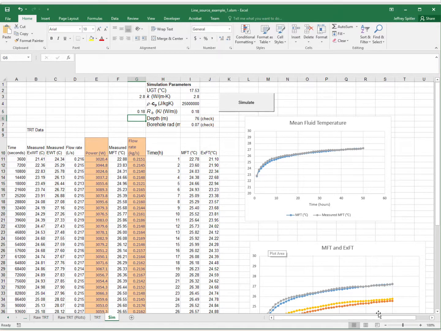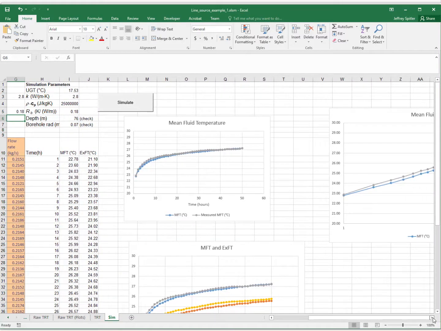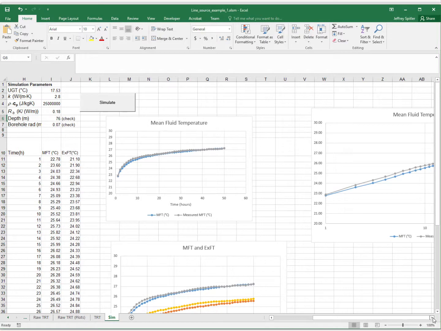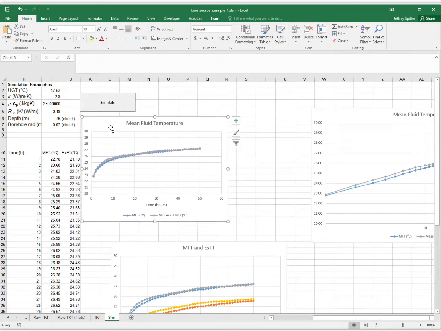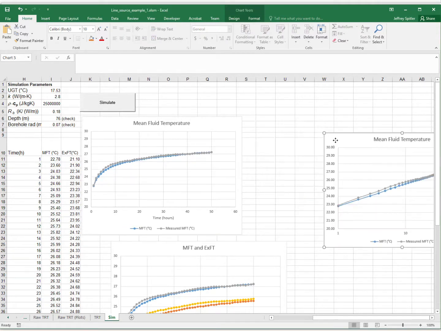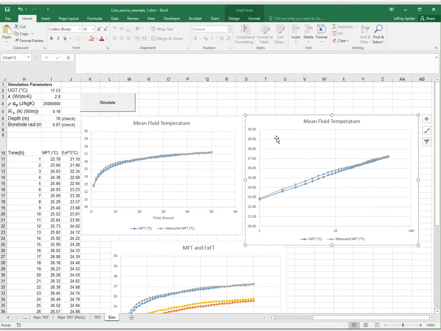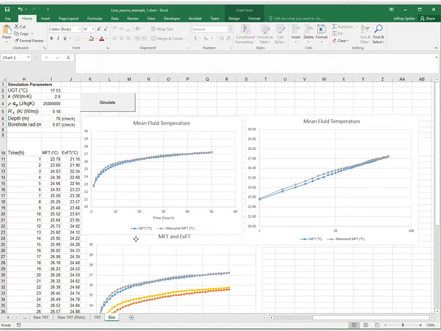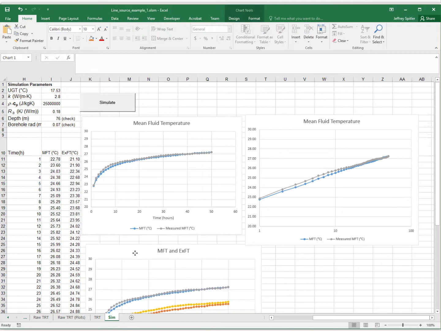And I've got 3 plots. Let me see if I can arrange these so they fit a little better on the screen. Well, we may just have to adjust things a little bit.